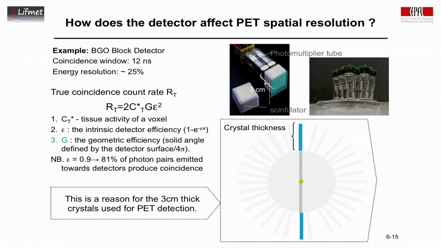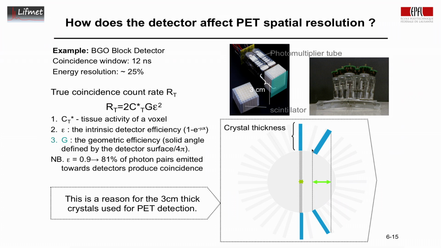This is the good situation. We have good resolution. It's the detector width, the position measured here and here, that defines the line of coincidence. Now let's consider two detectors a little bit offset, that are not just opposite each other. We have an event detected in this crystal, and we have an event detected in this crystal.